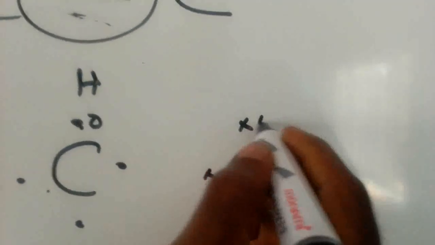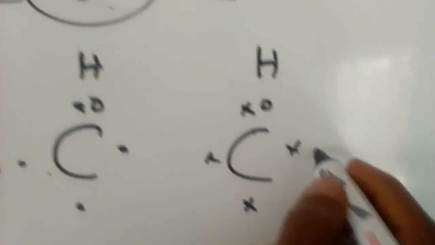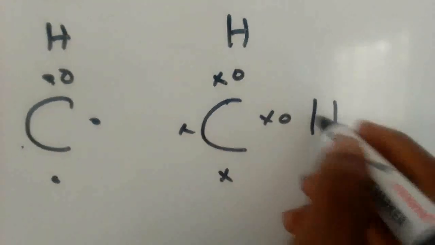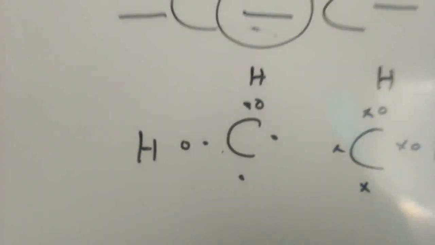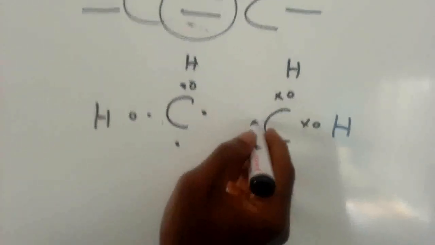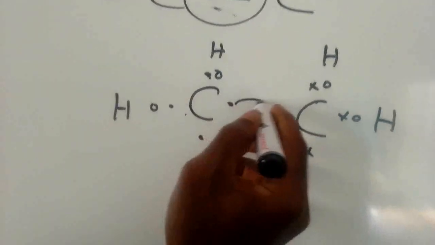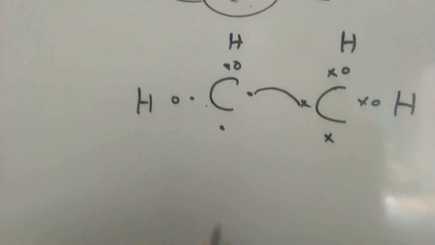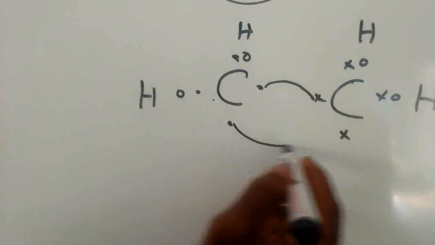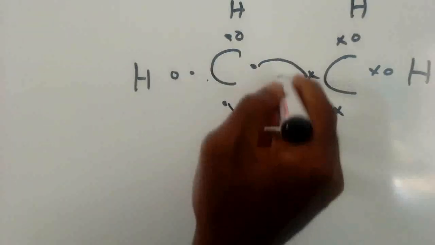This one bonds with hydrogen too. So we have this. Then these 2 electrons will come together to form a bond, and these 2 again will come together to form a bond.